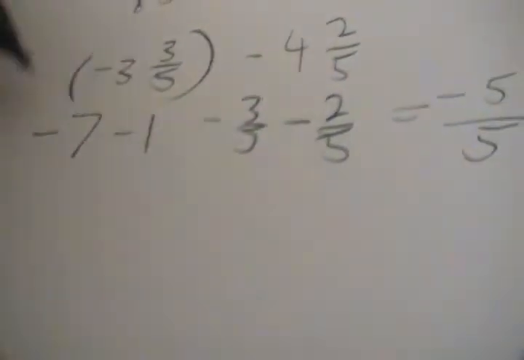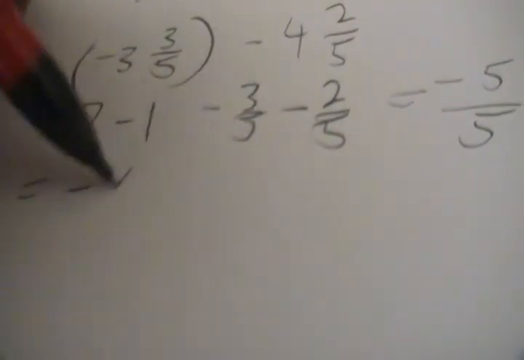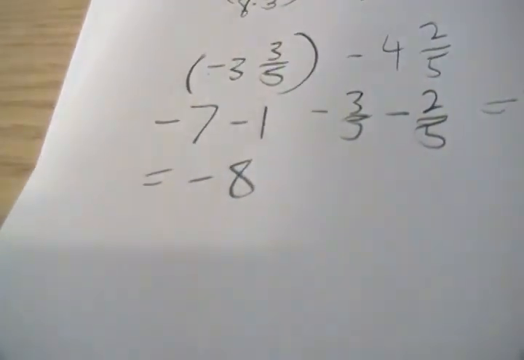Negative 3 minus 2 is negative 5 over 5. Well, that's equal to negative 1, right? Because it's negative 1, we're just going to add that or subtract that to negative 7. So the final answer is going to be negative 8.